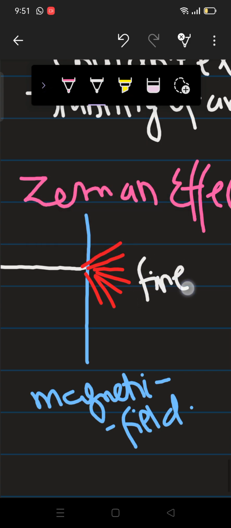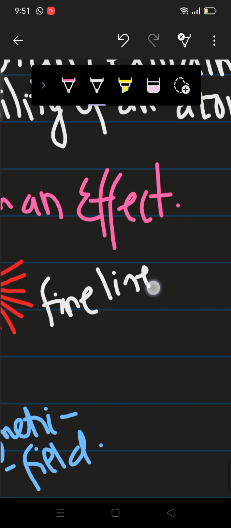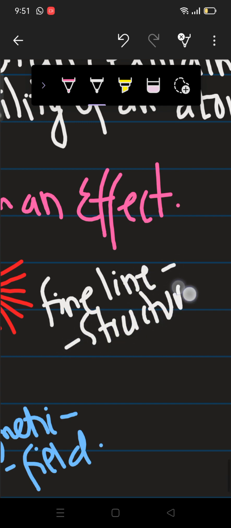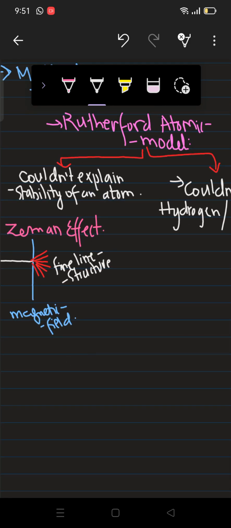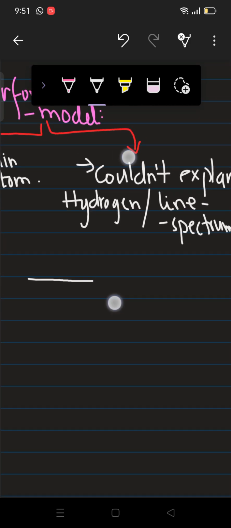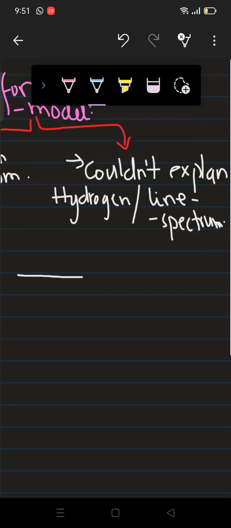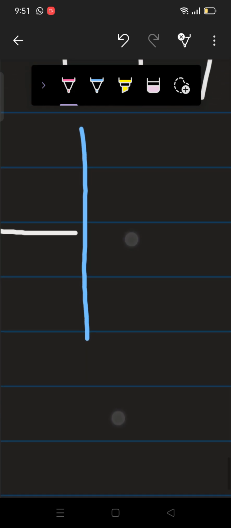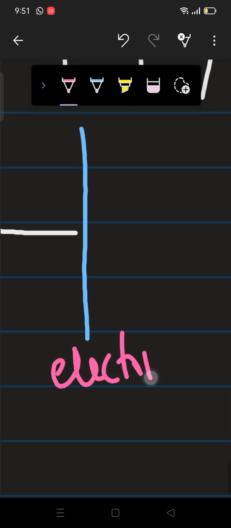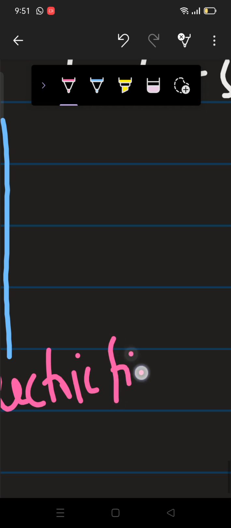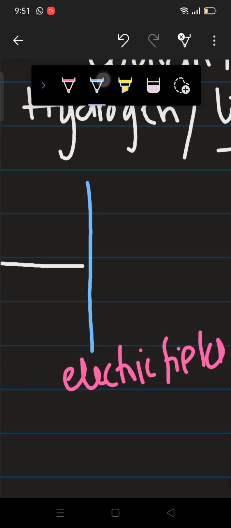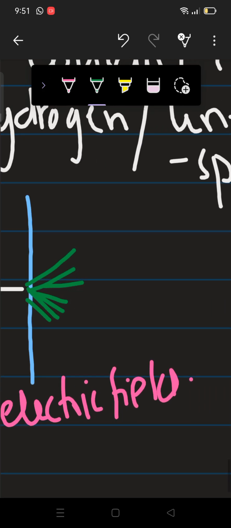Now we are making this line pass through an electric field, and it splits into fine line structures as well.